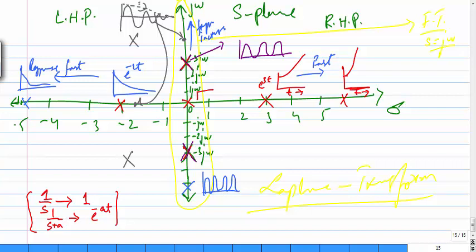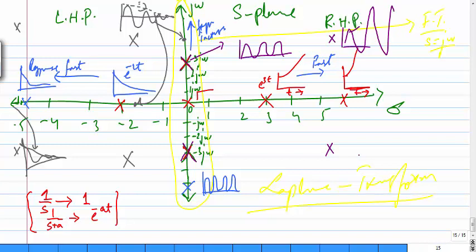Similarly, if I go further here, how does the response look? It will be even faster, meaning it will start decaying fast like this, because of this envelope, that is, the value on the real axis, that makes it decay fast. Similarly, if I am here, it will start growing in that direction, like that.